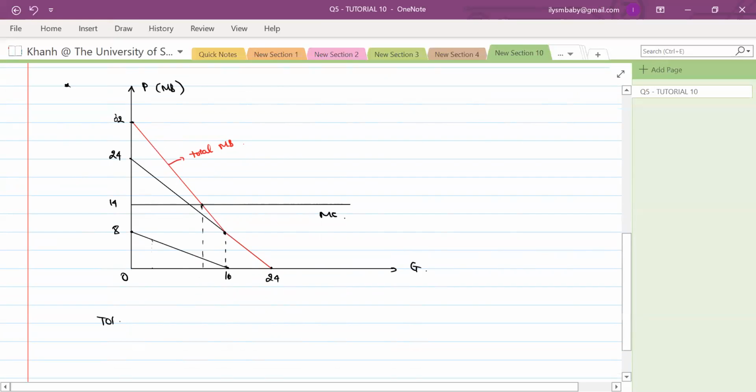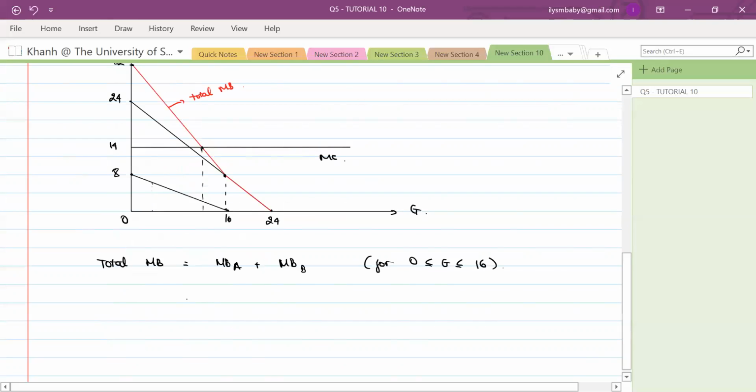The total marginal benefit is the marginal benefit for Alex plus the marginal benefit for Beatrix for any G between 0 and 16. And it is just the marginal benefit for Alex for any G bigger than 16 and smaller than 24.